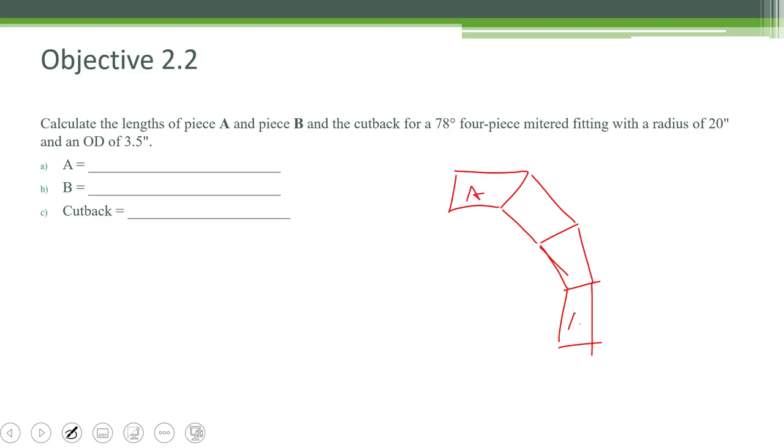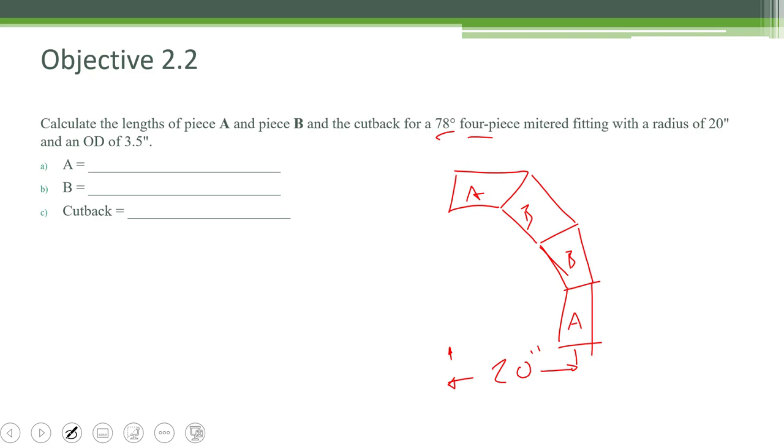And again, we got A's here, B's in the middle. And remember, A's are half the size of B, or B's are 2 times A's. Okay, this looks like a weird one. It's a 78-degree 4-piece with a radius of 20 inches. So I guess I should draw that in. 20 inches.